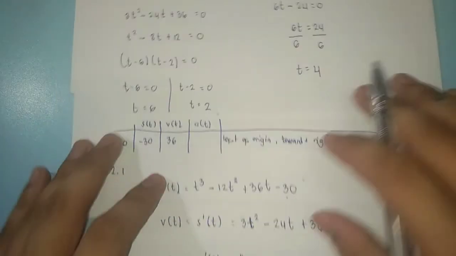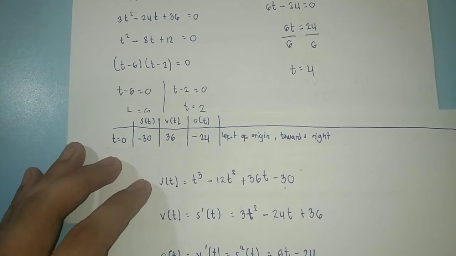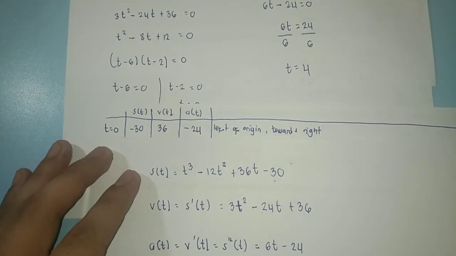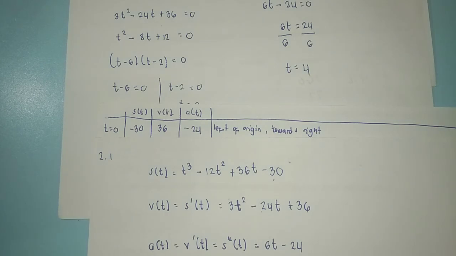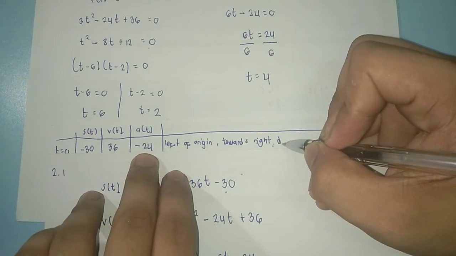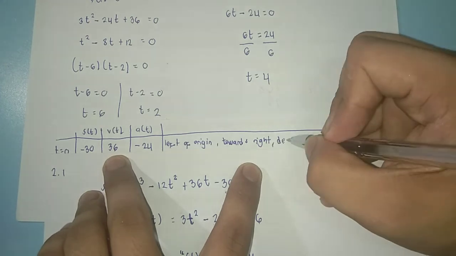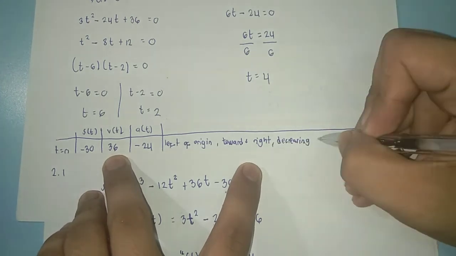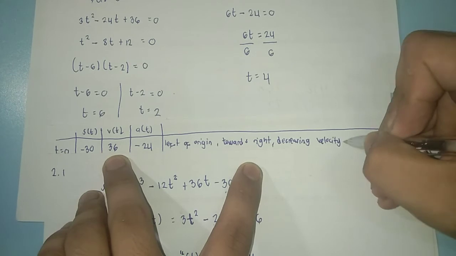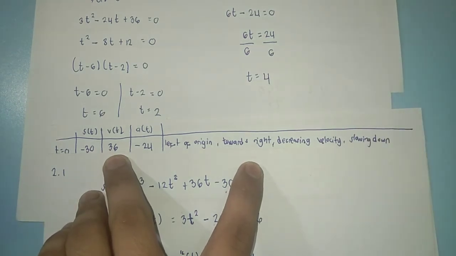That is negative 24. So, meaning, the velocity is decreasing. Okay? Decreasing velocity, because the acceleration is negative and the velocity is positive, so it is slowing down. I already discussed that earlier, when the speed is speeding up or slowing down.